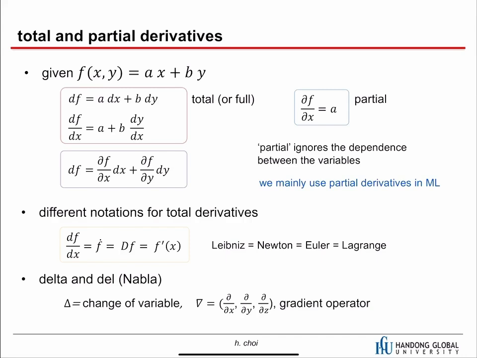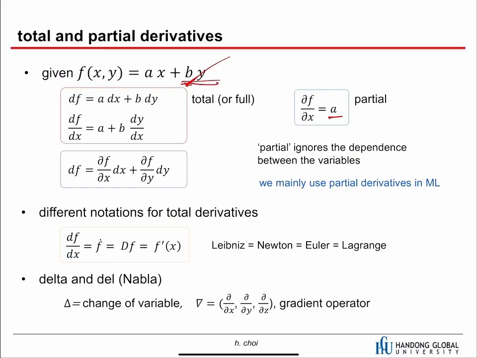But in partial derivatives, we don't care. So x and y, we just assume that they are independent. Okay. So when we take a derivative with respect to x, then this is cancelled, right? Because y is independent of x. So the partial derivative result is a. It's quite simple.